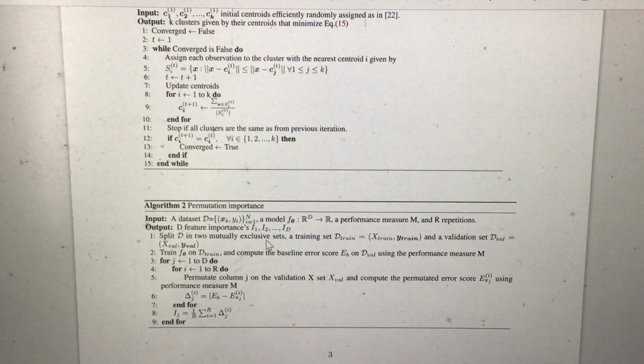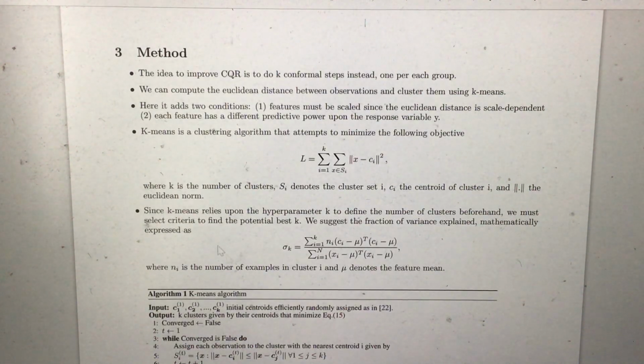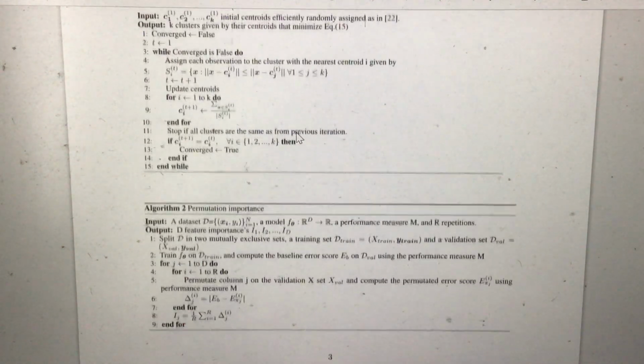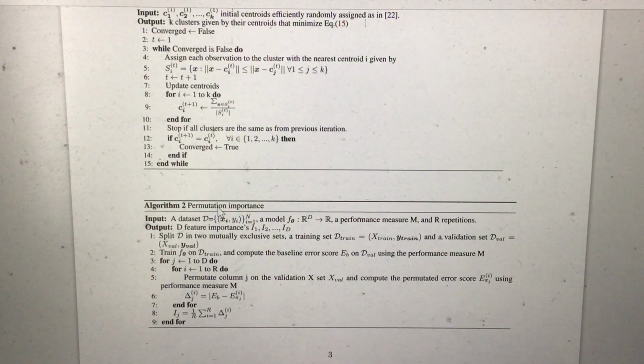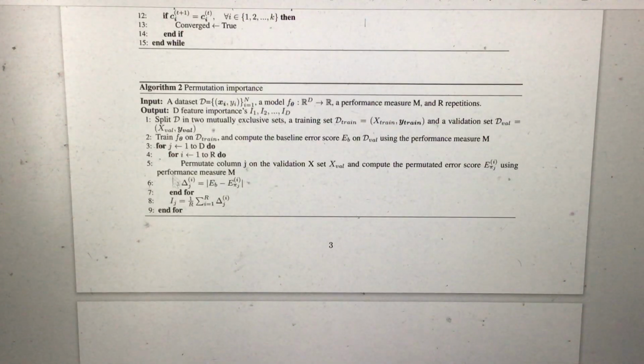Before we talk about our method, we will talk about permutation importance. Because we just said that the features must be scaled, and each feature has a different predictive power, permutation importance addresses this.